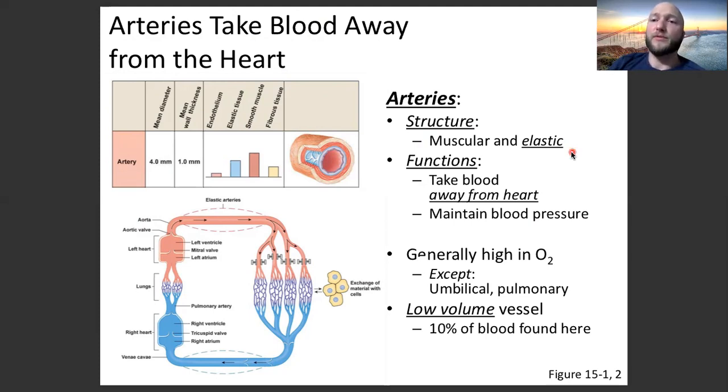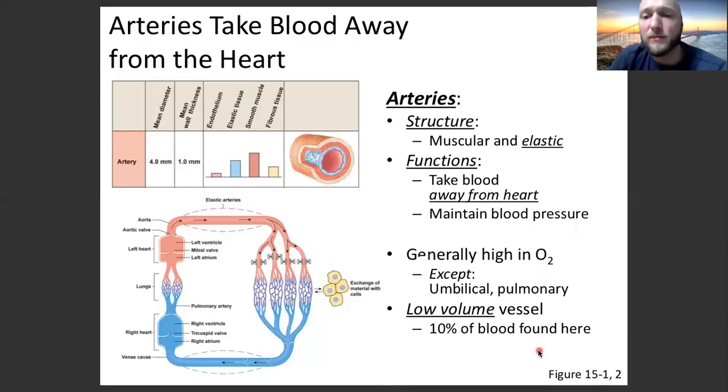Arteries are like balloons. You pump them up, they maintain that pressure as they squeeze down. This helps maintain high blood pressure in arteries. Remember, blood flows from high pressure to low pressure. You need to maintain higher pressure in your arteries than in your capillaries and then in your veins.